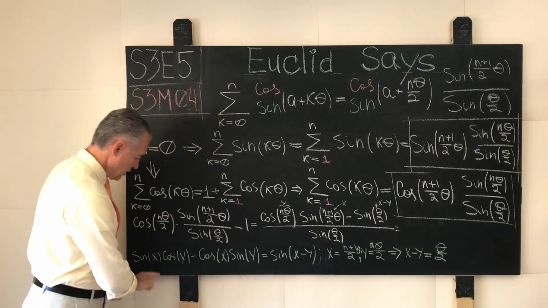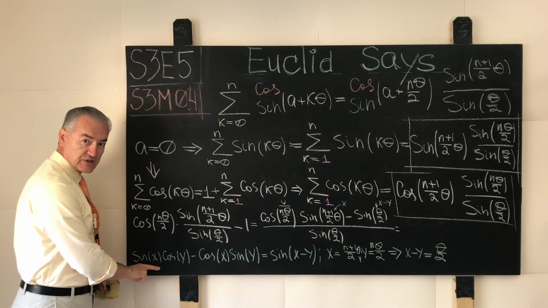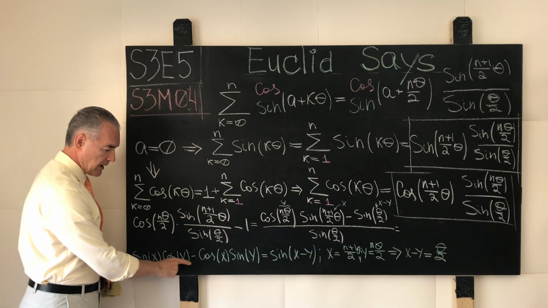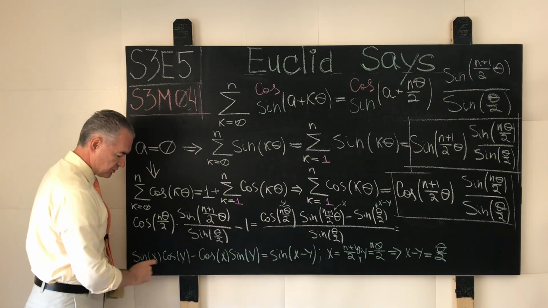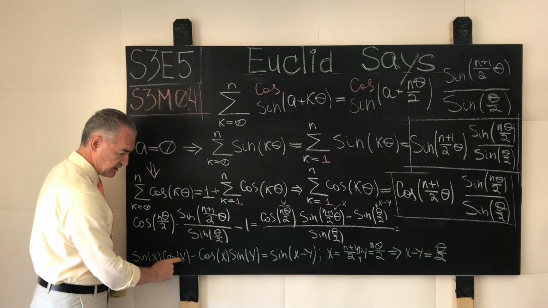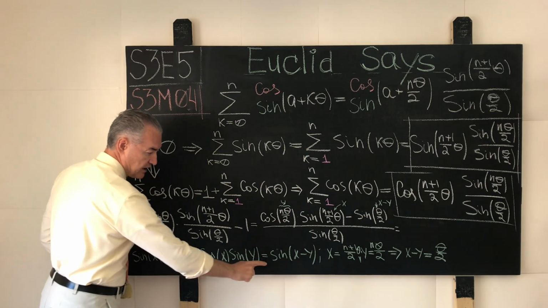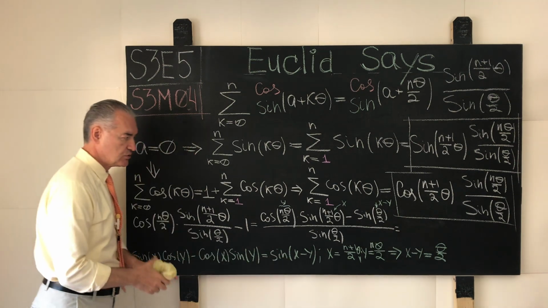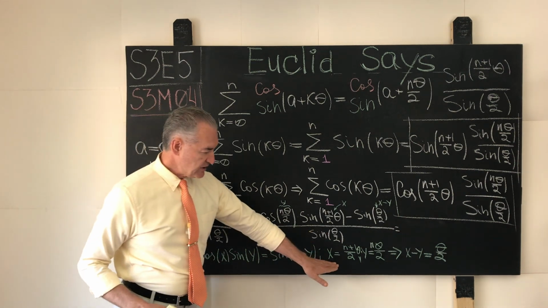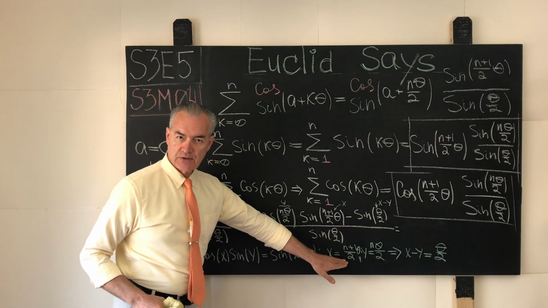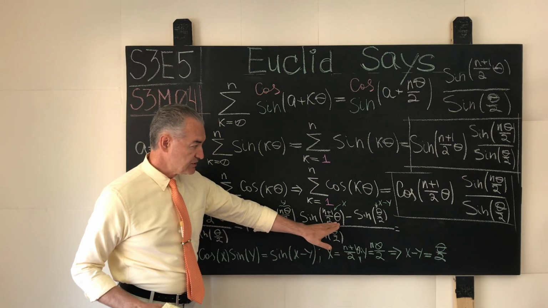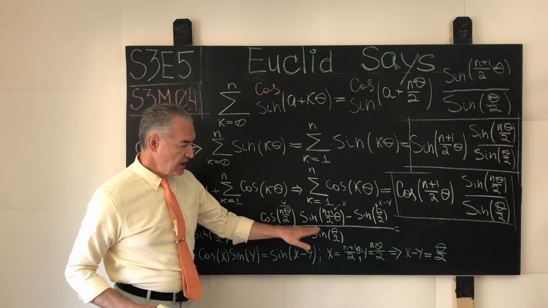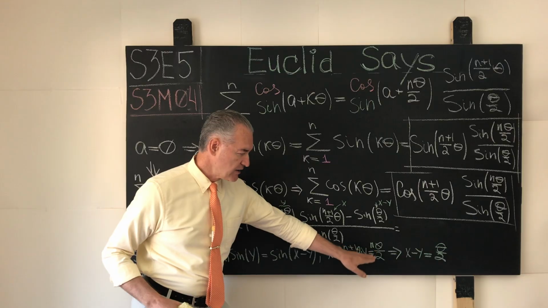Technically, game over. We go back to this middle school trigonometric identity: sine of x times the cosine of y minus cosine of x times sine of y is equal to the sine of x minus y. And here, look at this. We set x equal to n plus 1 over 2 theta, which is the argument of sine, and we set y equal to n theta over 2.